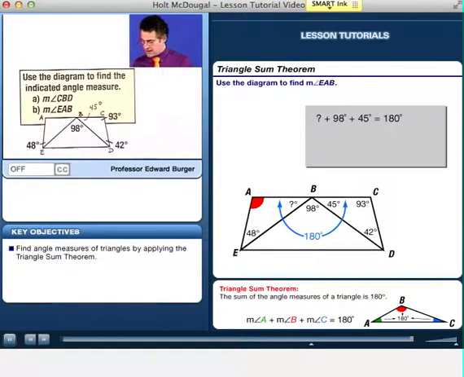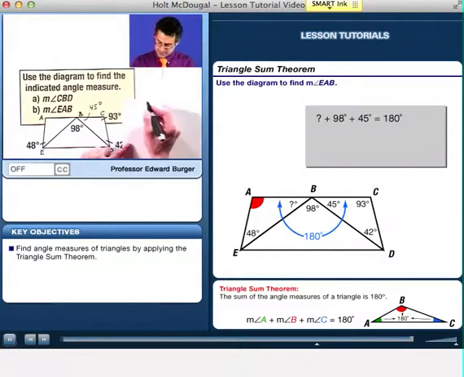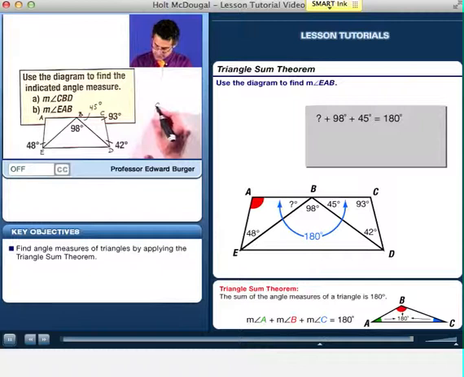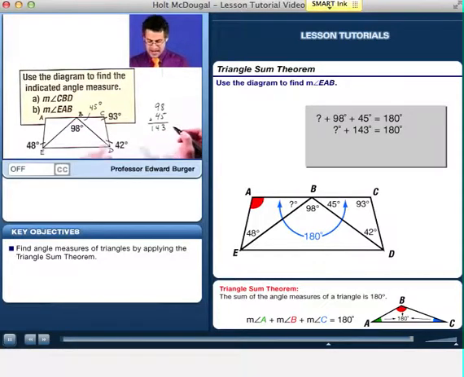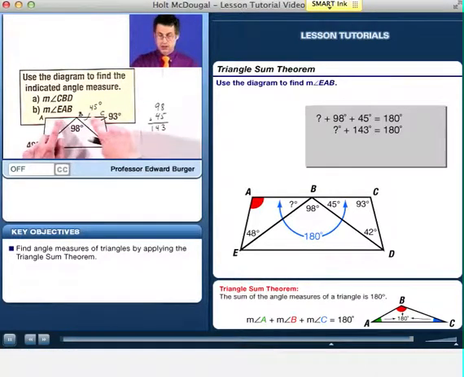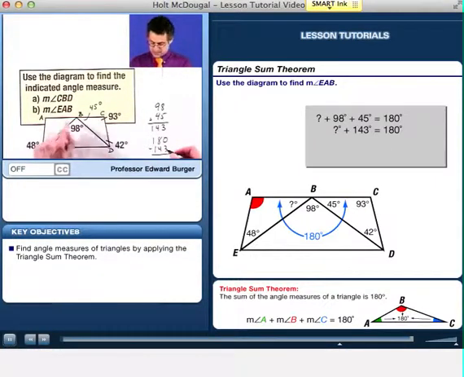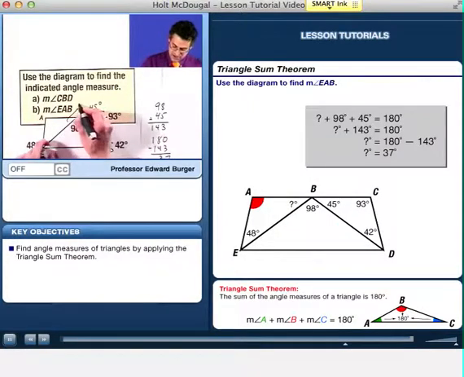So all I have to do is add up these two angles, 98 and 45, and I get 143. And then I know that this entire angle is 180. So if I take 180 and subtract off 143, I discovered that this little piece of the measure right there is 37. So this angle right here is 37.